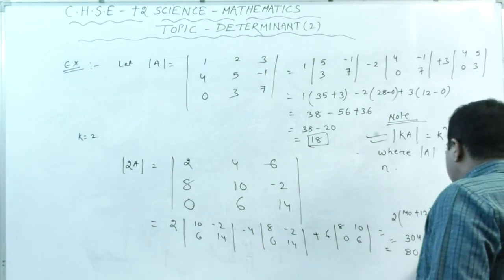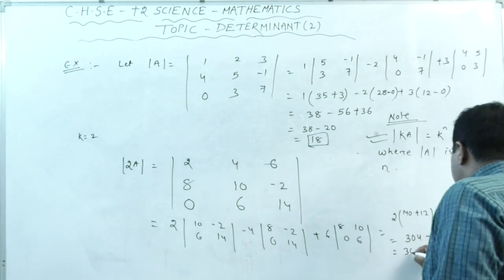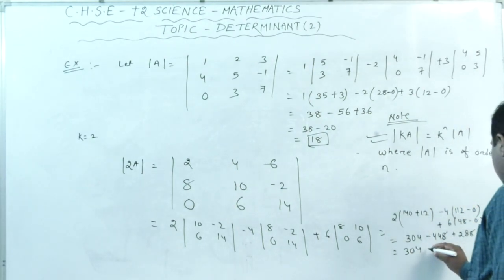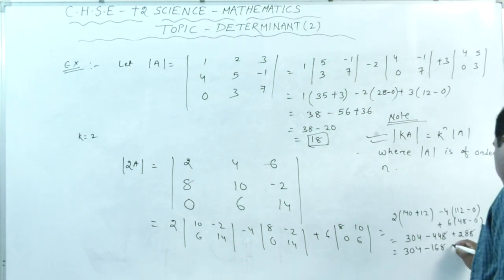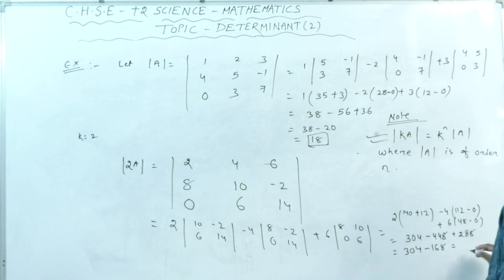So what value do we obtain now? It is 304, and minus 168. So what we get here is 4 minus 8 is 6.